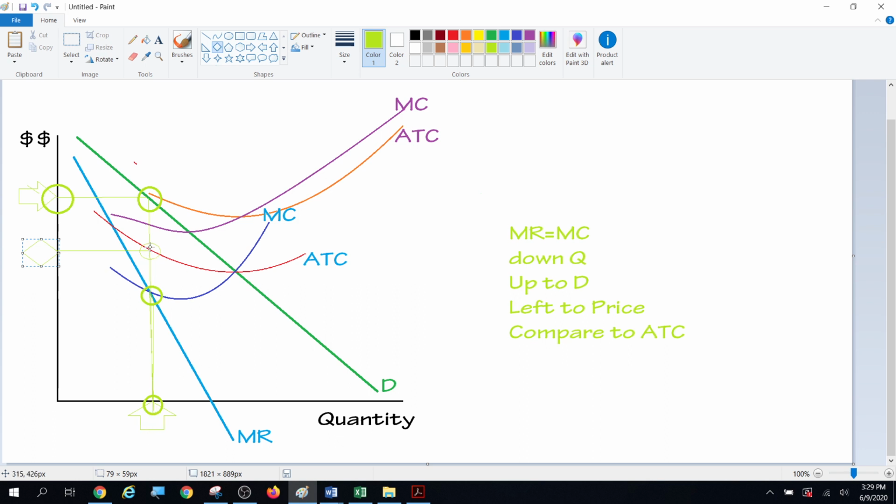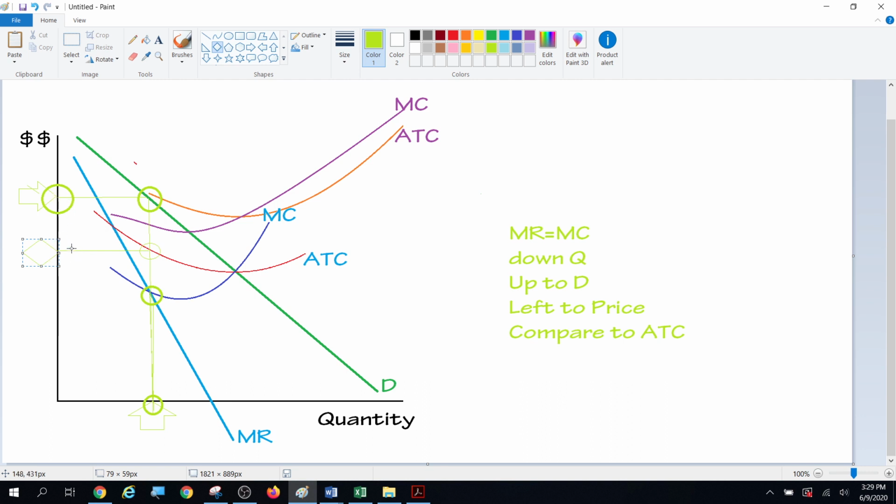Let's say it cost us $400 million total to do what we're doing, and we made 800 million Twinkie packages, then that would mean our average cost is 50 cents. But we're selling them for $1.20. So if 50 cents is our average cost and we're selling them for $1.20, then we're making 70 cents on each one.